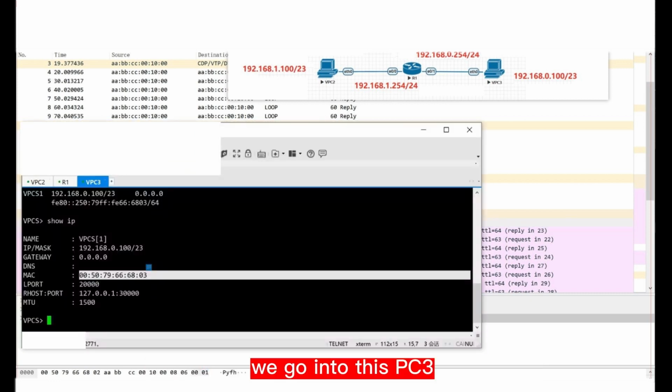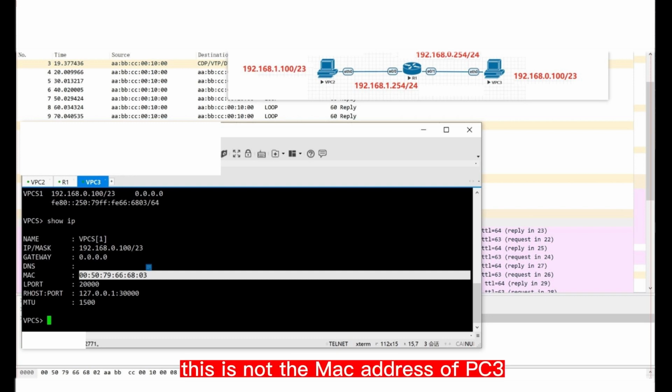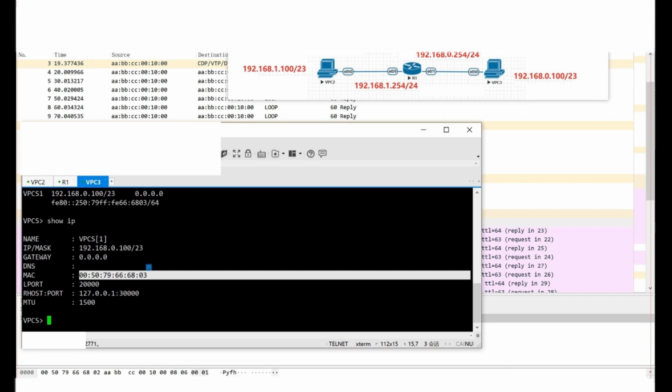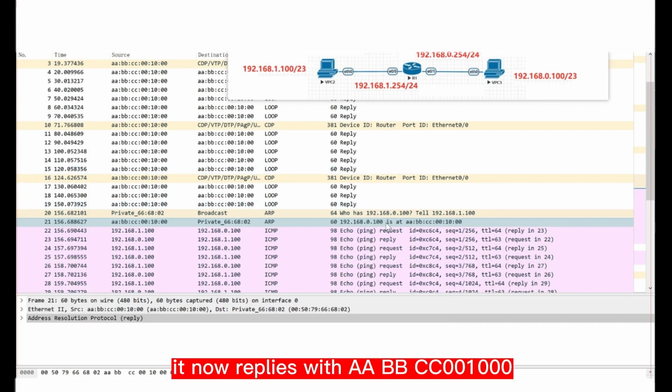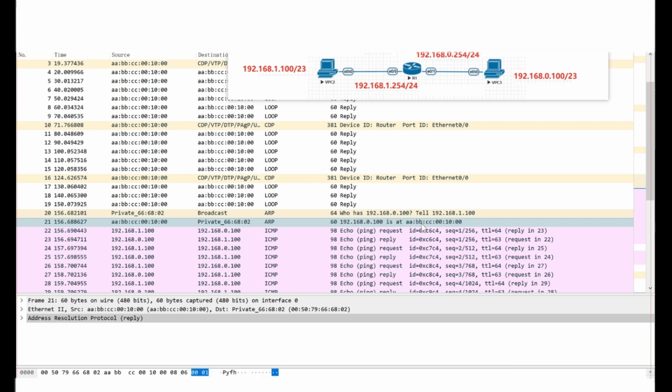We go into this PC3 and check its MAC address. We will find this is not the MAC address of PC3. PC3 is 005079666803. It now replies with AABBCC001000, which is not PC3's MAC.